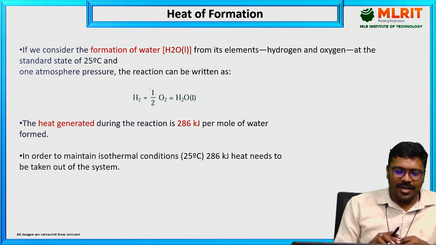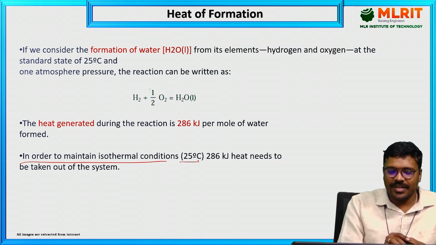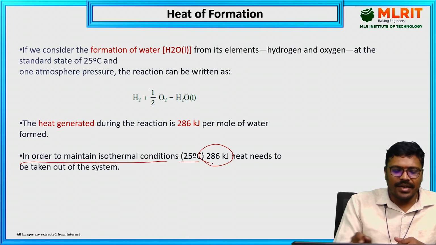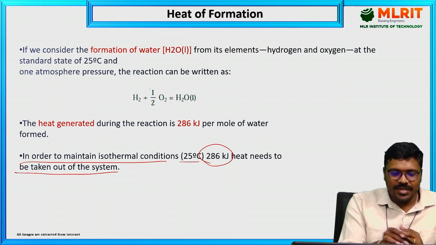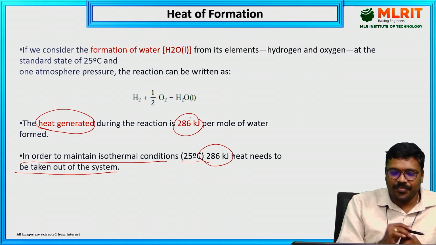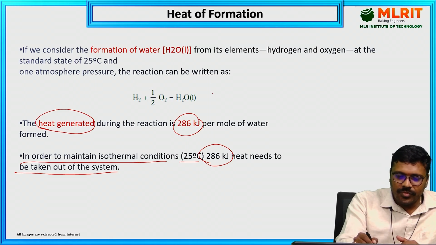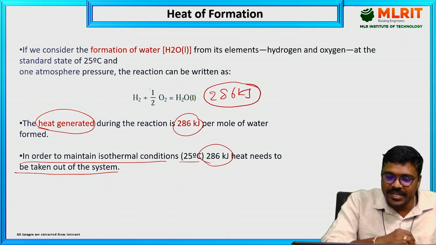So, in order to maintain the isothermal conditions, 25 degrees centigrade, this 286 kilojoules of heat needs to be taken out from the system. What happens here is, the heat generated is 286 kilojoules, right? So, 286 kilojoules of energy is released.